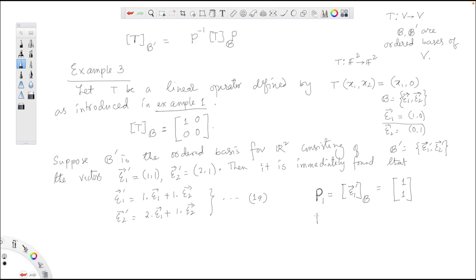And the second column of the matrix P, denoted by P2, is the coordinate matrix of epsilon 2 prime relative to the basis B, which is (2, 1).